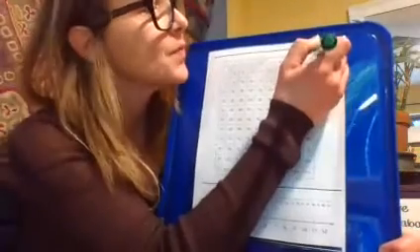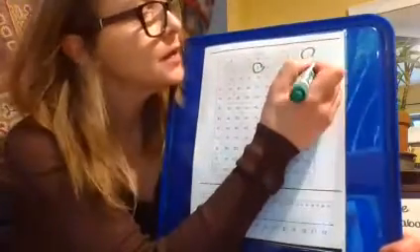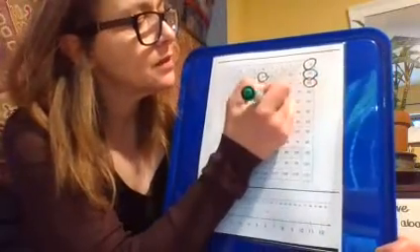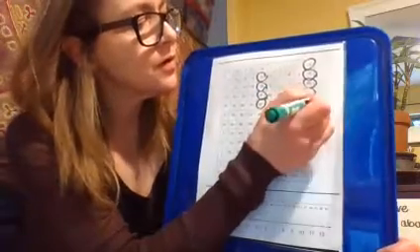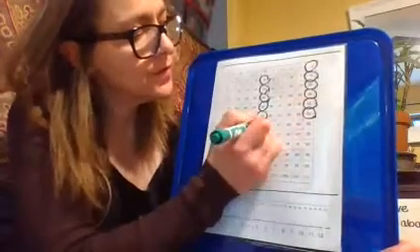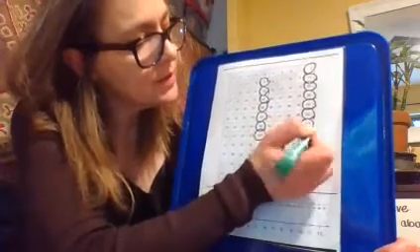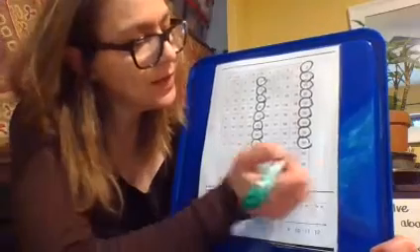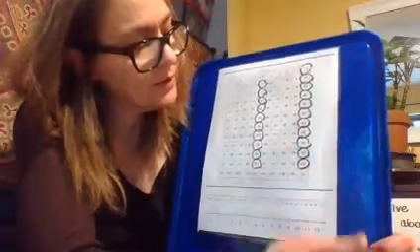Okay, and I'm going to circle the, so 0, 5, 10, 15, 20, 25, 30, 35, 40, 45, 50, 55, 60, 65, 70, 75, 80, 85, 90, 95, 100.